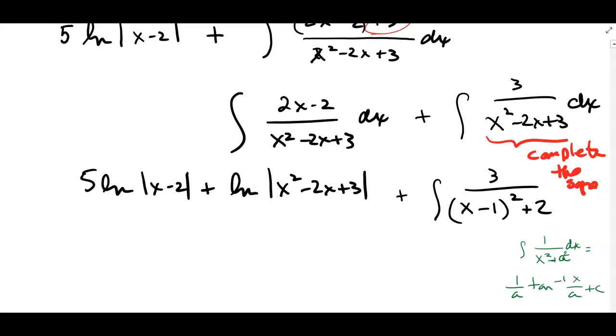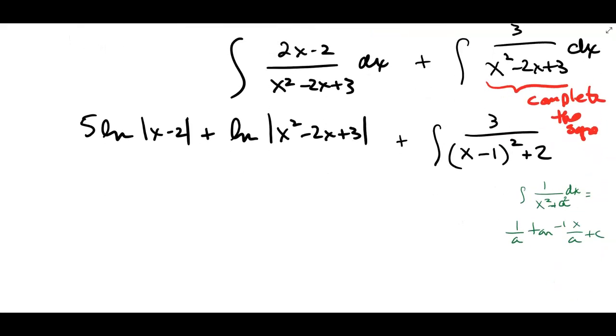So we can actually utilize that for this problem, because the 3 can just come out. Don't worry about the 3; the 3 just comes out of the integral. A squared is 2, and the x is actually x minus 1.